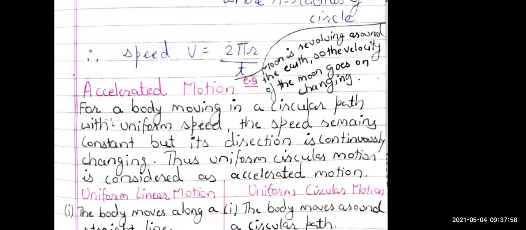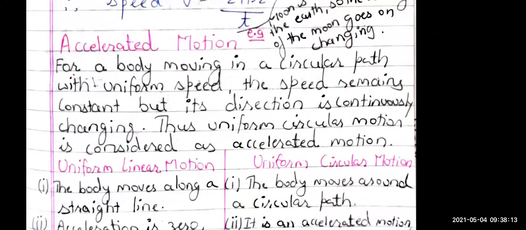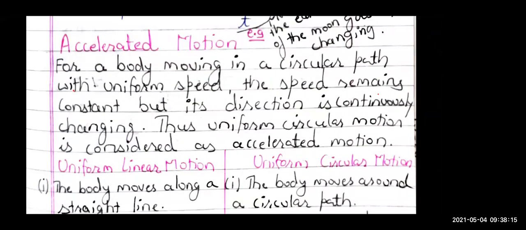Uniform circular motion is accelerated motion as well. It is an accelerated motion. How? Let's see. So children, for an object moving on a circular path with uniform speed, speed is constant, fine, understood, speed is constant.